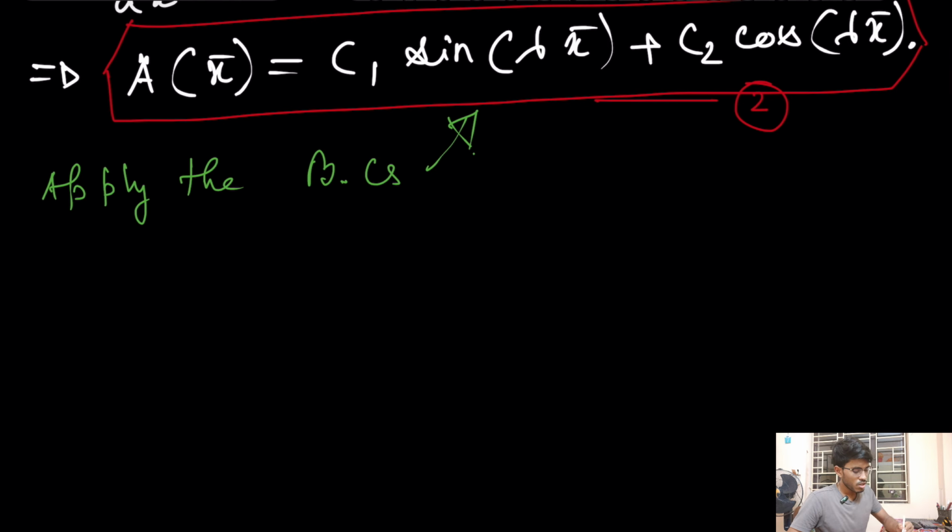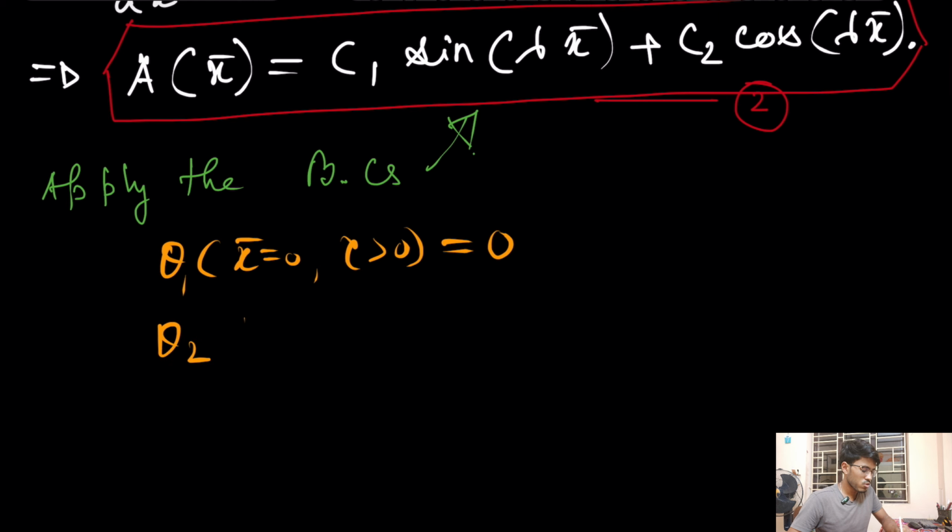We had the boundary conditions theta 1 of x bar equal to 0, right? Obviously there was a time also, tau greater than 0, is equal to 0, and also this one, x bar equal to 1, tau greater than 0, is equal to 0.